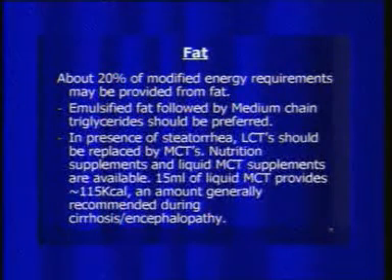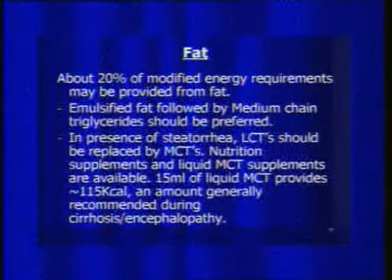But what type of fat should we give? That is emulsified fat and medium chain triglycerides. Now, from where to get medium chain triglycerides? You can get them in the form of nutrition supplements available easily in the market from a chemist, or liquid MCT supplements.